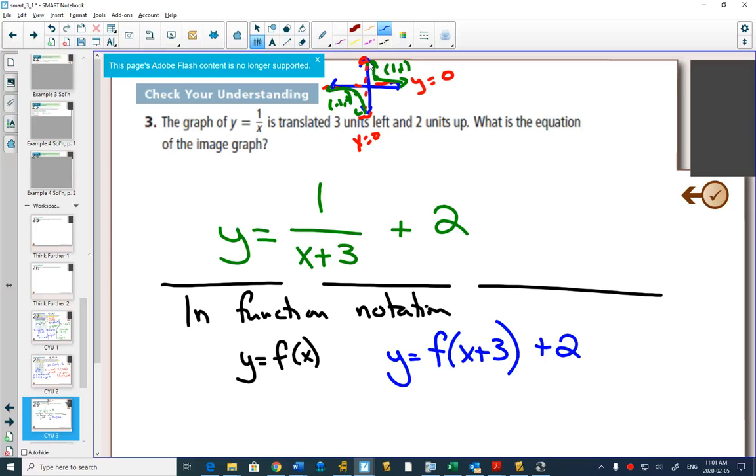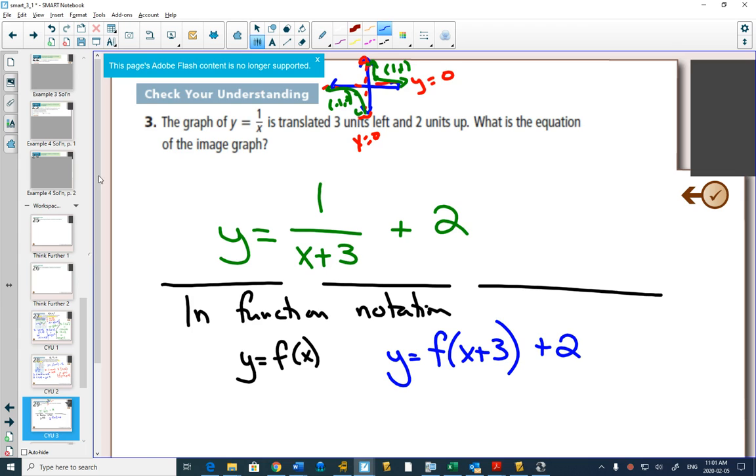Yes. The f symbolizes any function. But now, if you're having trouble writing the actual equation because it's 1 over x and that's difficult for you, you can also use function notation and how functions work to write this equation.